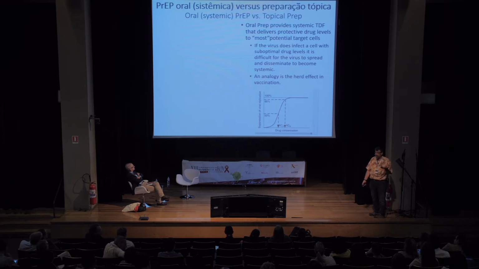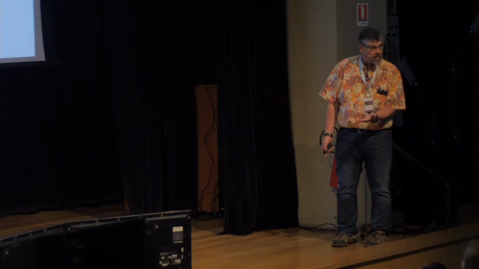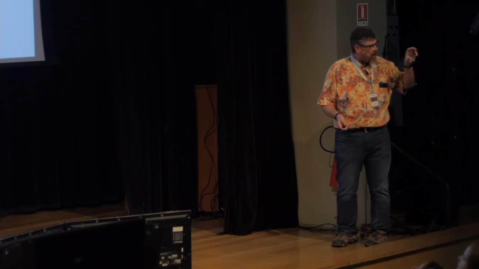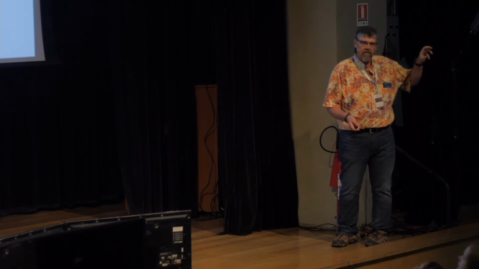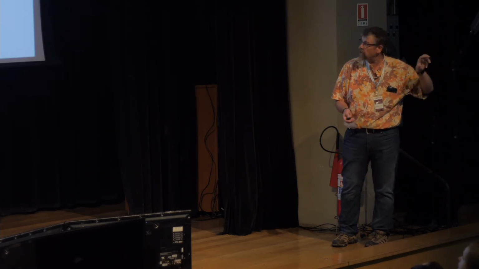But if 90% of the cells are protected, that means 10% of the cells are not protected, okay? So what we believe we're seeing, and the work is ongoing, is that those few cells we're seeing are the cells that don't have enough drug to prevent infection and replication.